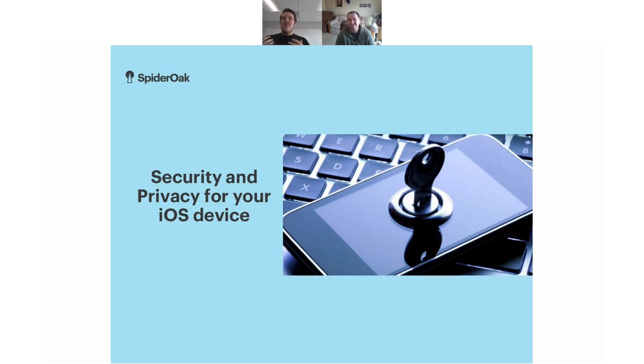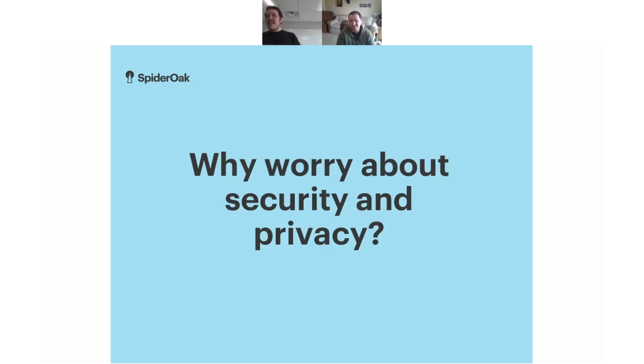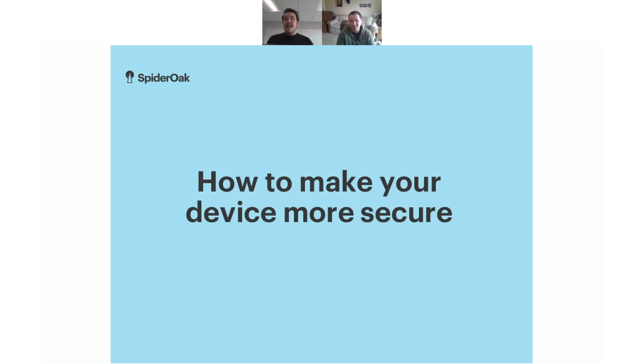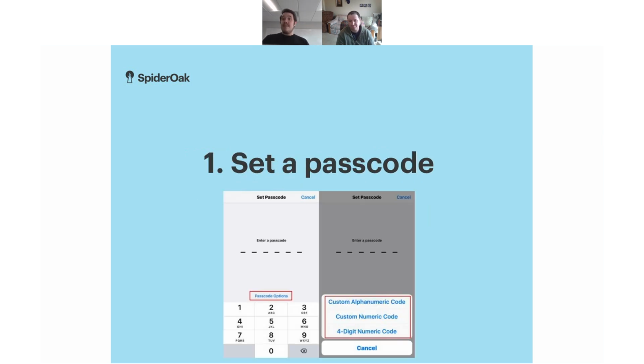So let's discuss, how can I make my device more secure/private? Well, there are several settings, applications, and features available for your iOS device that can be enabled, disabled, or downloaded to make your device more secure and private, but it is important that we start with the basics. Basic number one, set a passcode.